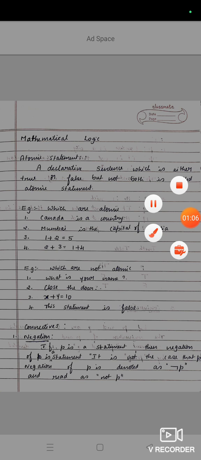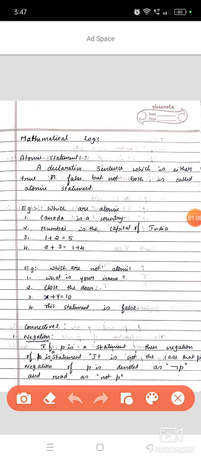I'll give you some examples of atomic statements and some examples which are not atomic statements. First, Canada is a country. That is true, right?